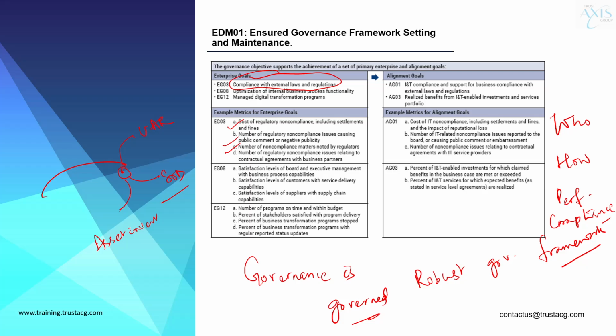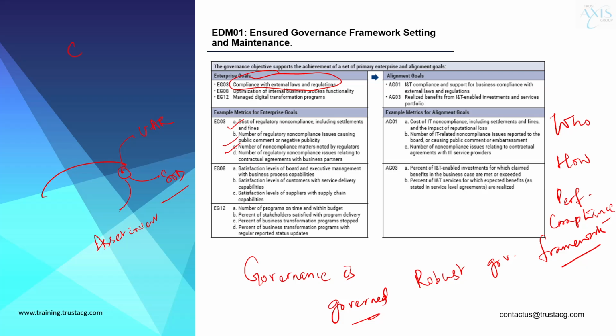Some of these issues will be repeated issues, and how frequently they are being reported will also be an indicator of whether you have achieved the goal that relates to the EDM01 objective.